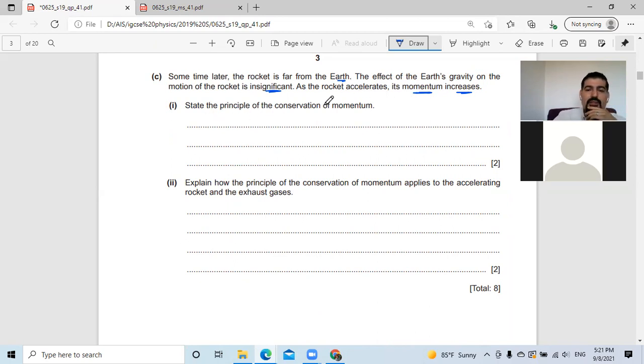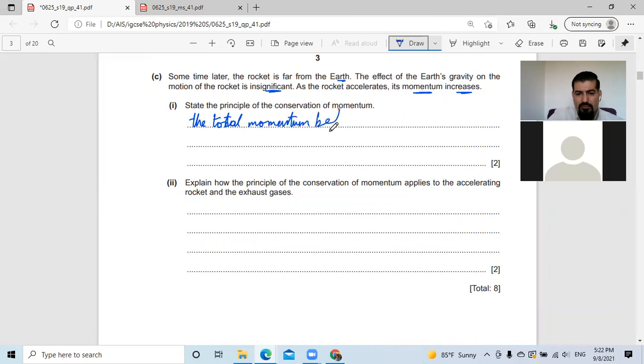So, state the principle of conservation of momentum. We said that for momentum, the total momentum before equals the total momentum after. That's the conservation of momentum, but this is 1 mark. The second mark is in an isolated system. What do I mean by isolated system? When there is no resultant force acting on it.